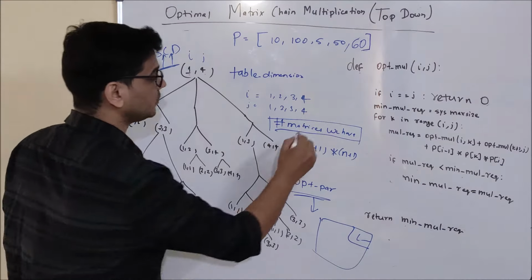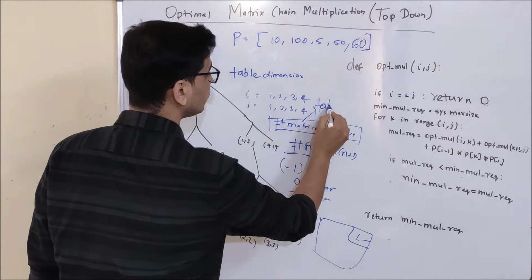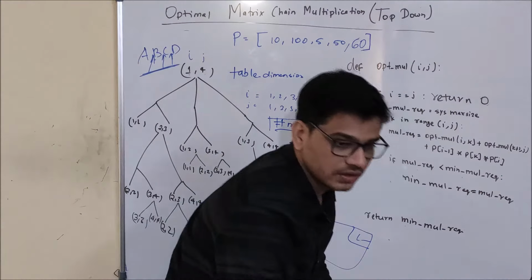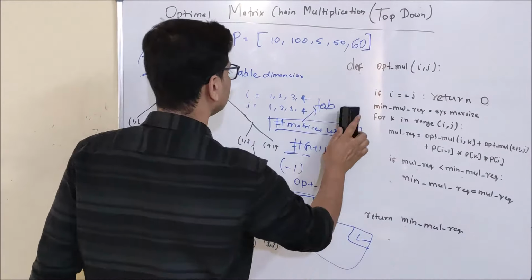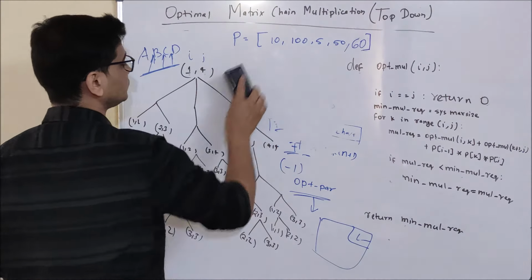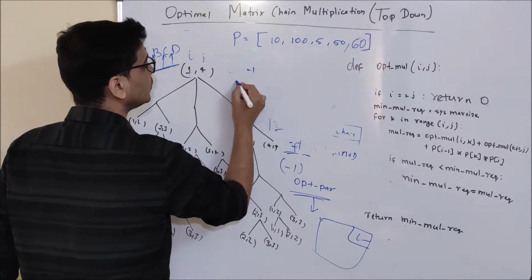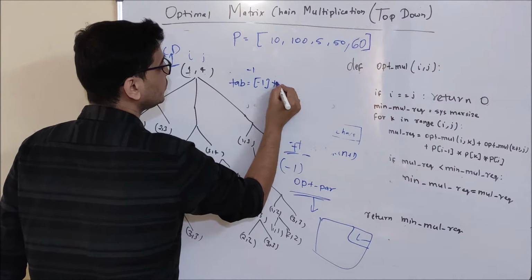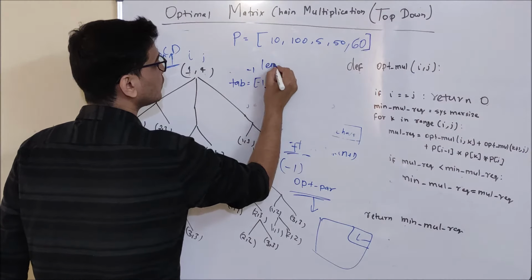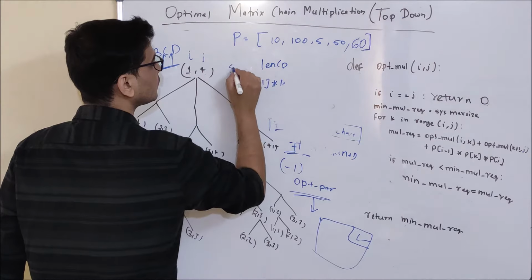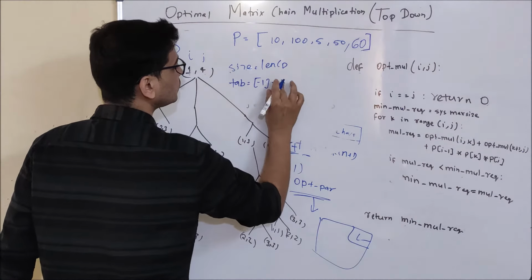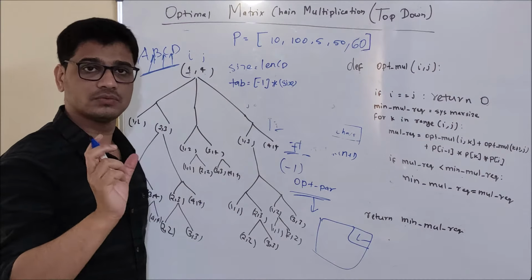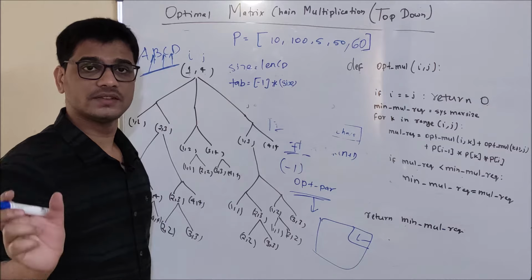And one more thing, the memo table name which I will be using here will be tab. To create this tab, I will use -1 into size. See, my matrix dimension will be n plus 1 cross n plus 1. n is the number of matrices we have.